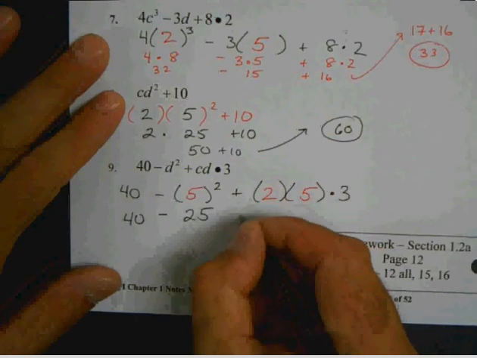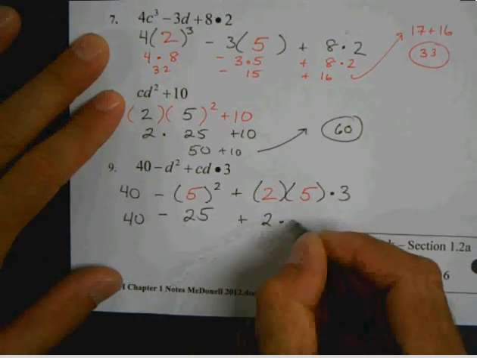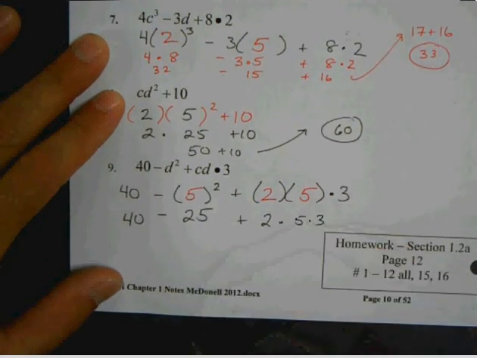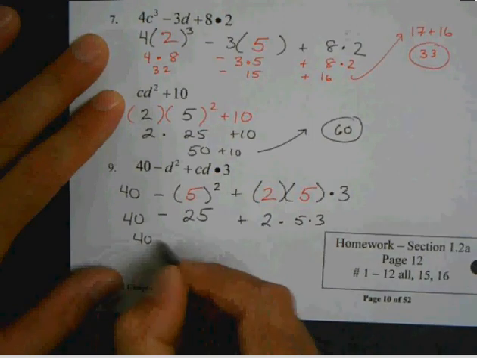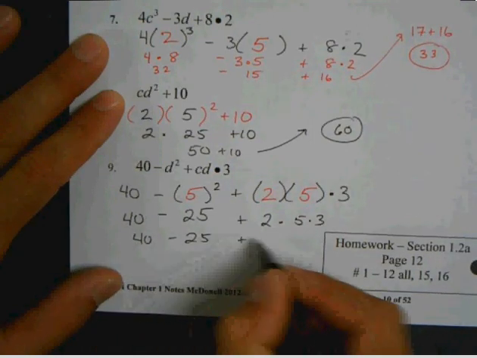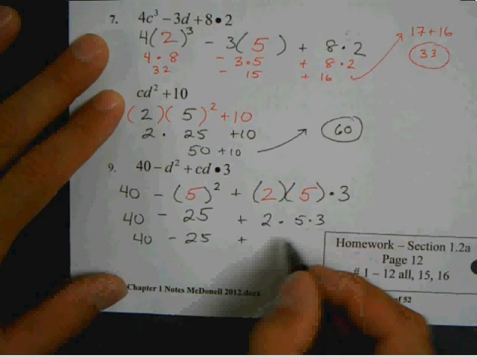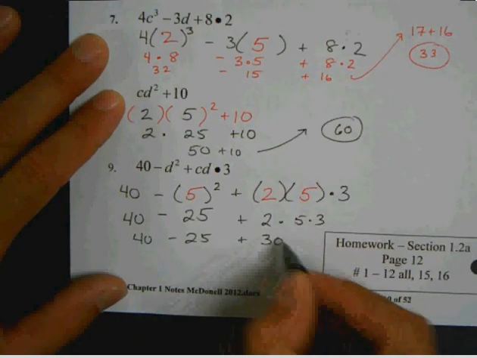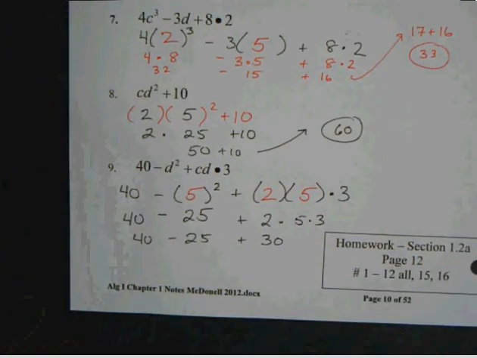All right, moving from there to times 5 times 3. I guess I can do my multiplying and dividing now. 2 times 5 times 3? 30. The second careless error that someone might make on this problem is they might say, oh, I like to add, because PEMDAS, adding comes before subtracting. So they would say 25 plus 30, and then they'd subtract it, and then they'd crash and burn.